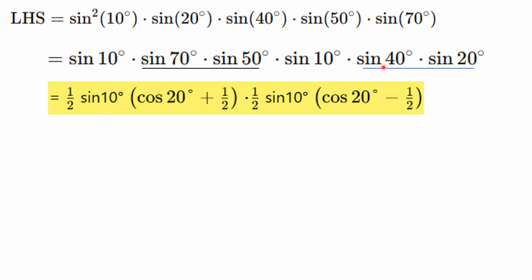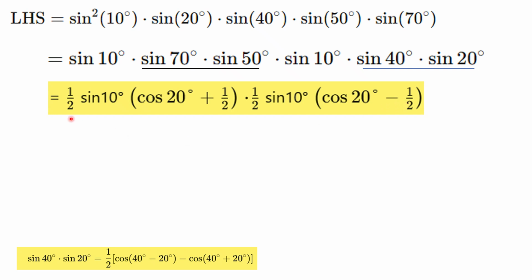Similarly, when we apply the identity for sin 40 into sin 20, that becomes 1 by 2 into cos of 40 minus 20 minus cos of 40 plus 20. Here A is 40 and B is 20. So cos of 40 minus 20 is cos 20 and cos of 40 plus 20 is cos 60, which is 1 by 2.